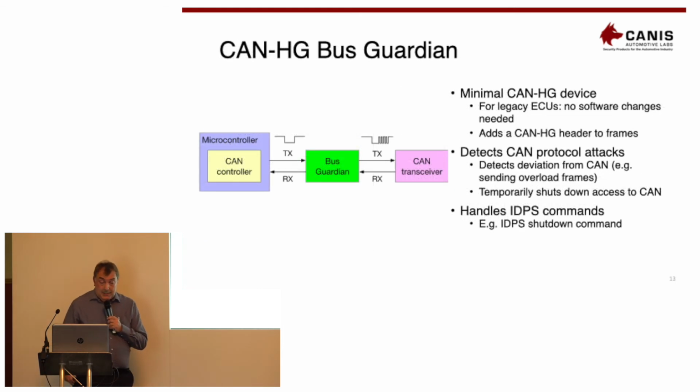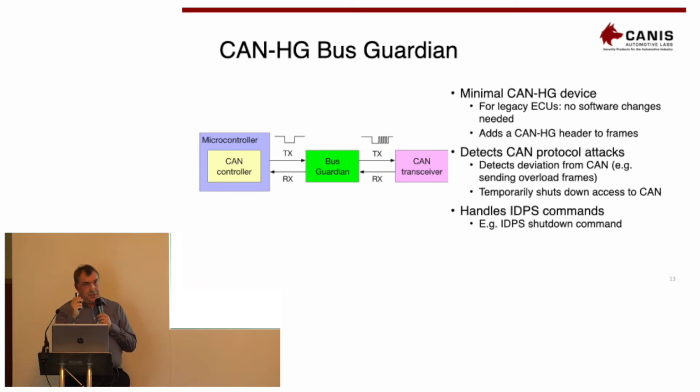So one way to deal with this, if you've got a legacy system and you don't want CanHG controllers, but you've got chips with on-chip controllers, is you put in place a bus guardian. The bus guardian is basically a minimal CanHG device, and it takes a CAN signal on the TX pin from the on-chip CAN controller, and then it stitches in a CanHG header, because every CAN frame can have a CanHG header.